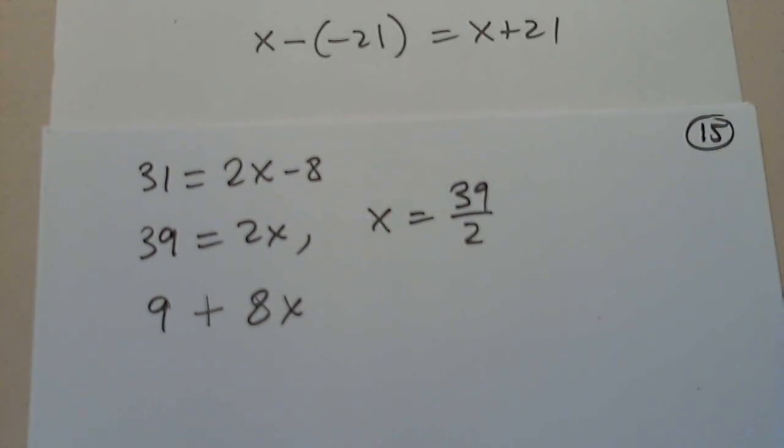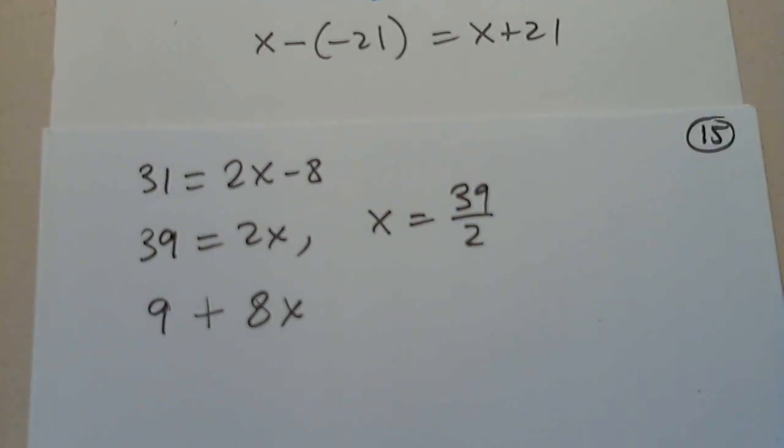Triple the sum of a number and 8 is 4 more than the number. Anybody, please? Triple the sum of a number and 8. How do I write that?